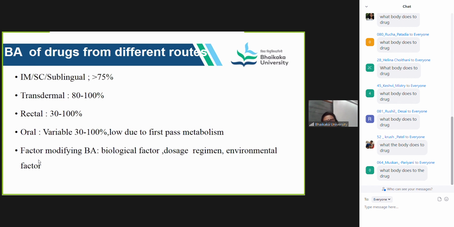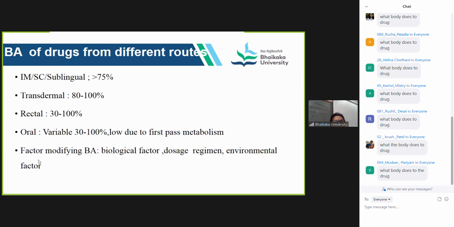It can be 100%, but again it varies. Through rectal also it varies. I told you the absorption is erratic, so we are not sure that it will give 100% bioavailability, right? So that is also important. Oral is also variable, 30 to 100%, and bioavailability will be low if the drug follows first pass metabolism.